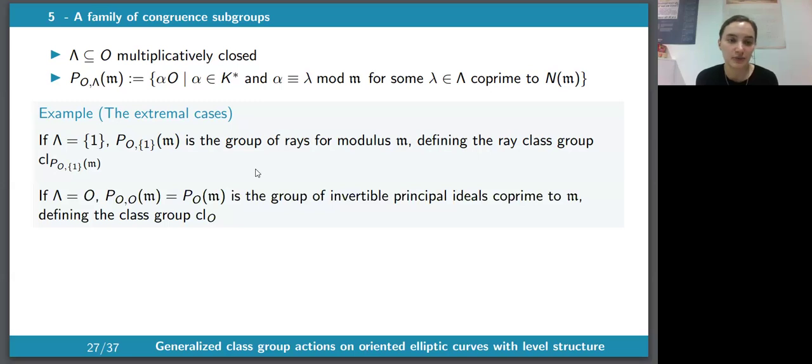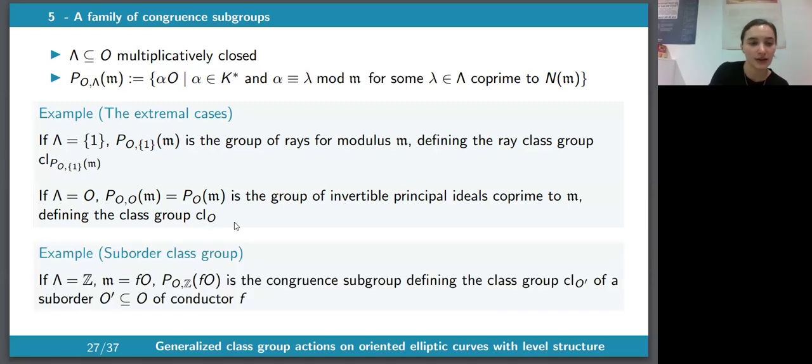If we take instead lambda to be the whole of the order O, then the corresponding congruent subgroup will be just P_O(M), the group of invertible principal ideals coprime to M. So the corresponding generalized class group will be just the class group of O. We also encounter again one known example, which is the case when we take lambda to be Z and the modulus to be fO for some integer f.